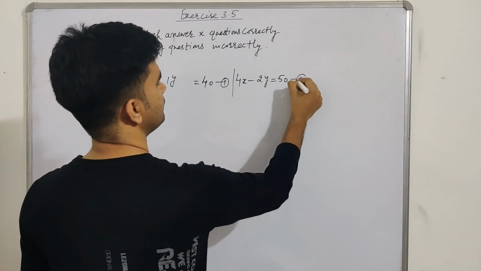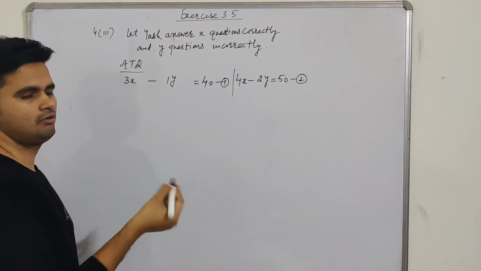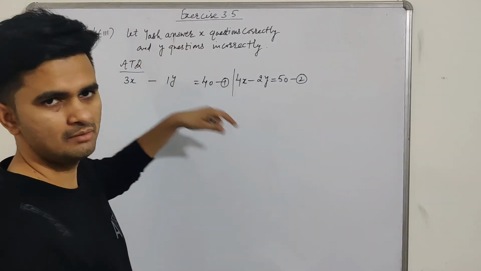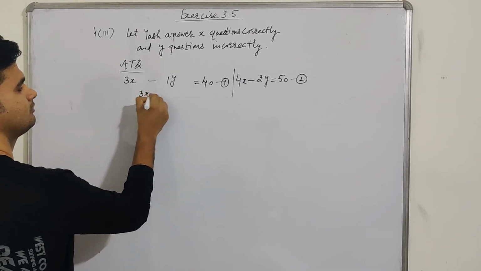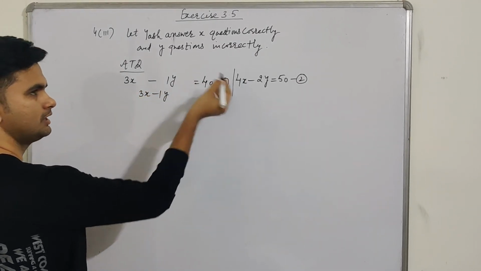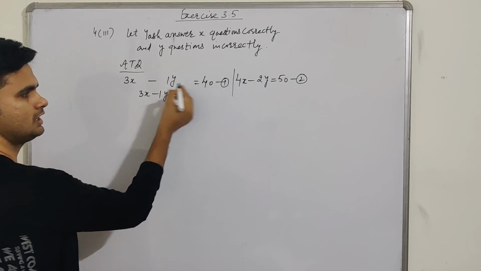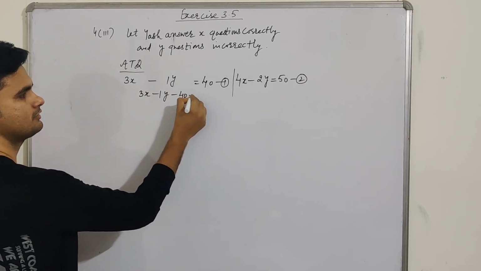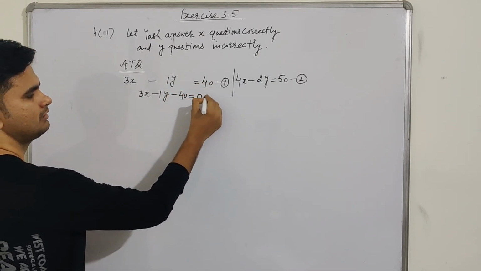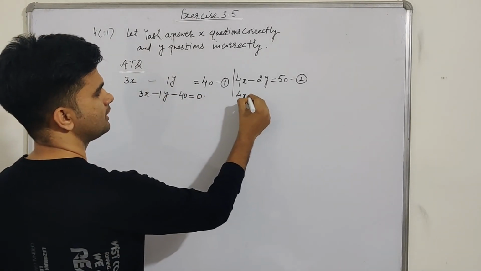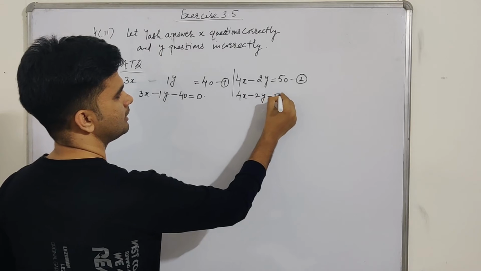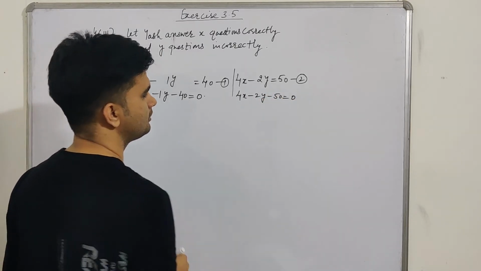It is equal to 50. As I have already told you, in this part I am using the cross multiplication method. So for the cross multiplication method, we will make the right hand side equal to 0. So take it on the left hand side. This positive 40 will become negative 40, and here also 4x minus 2y minus 50 is equal to 0.